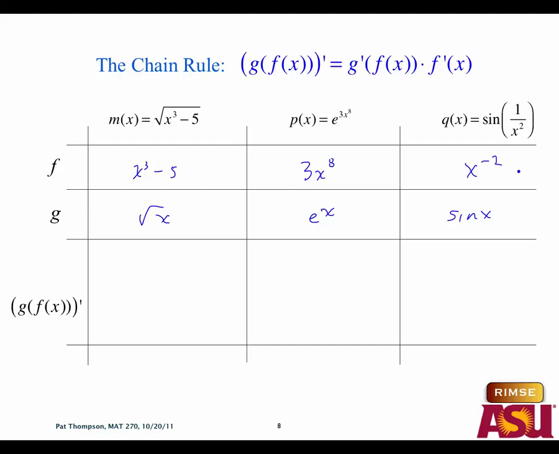Okay, so now we know how to actually get the rate of change of, so we'll do m first. So we know it was something different than our 2 possibilities. So what does it say? It says, take the rate of change of g with respect to f. What is the rate of change of g? So we look at g. What's the rate of change of g? 1 over 2 square root of, but it's not with respect to x, it's with respect to f of x.